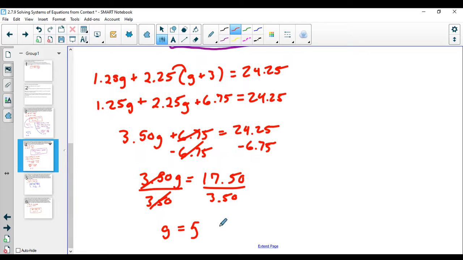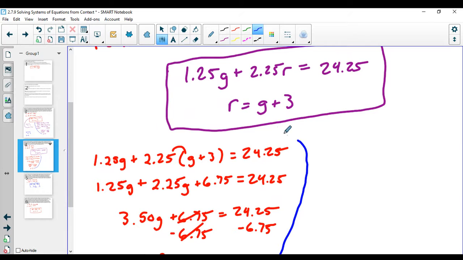Okay, now I want to know the number of rides she went on. So I'm going to take the amount of games she played, which is 5, and I'm going to throw it back up here, this equation where R equals G plus 3, which is 5 plus 3.